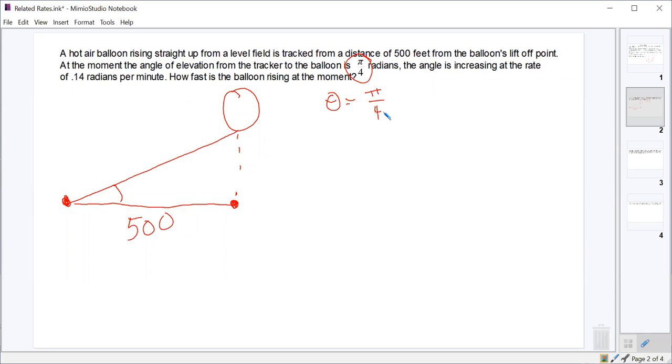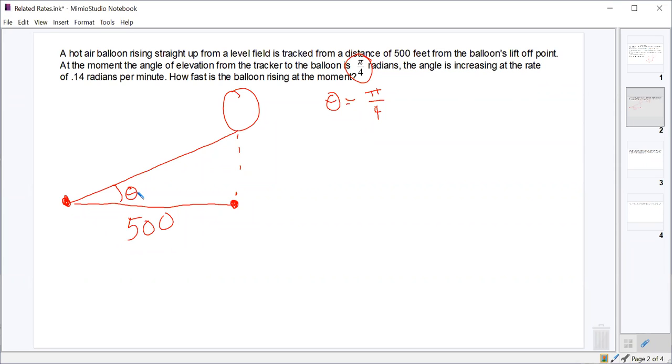Is pi over 4 changing? Yes, it's changing. So I'm not going to label it as pi over 4. I'm just going to label it as theta for right now. Everybody good with that? Yes, good.